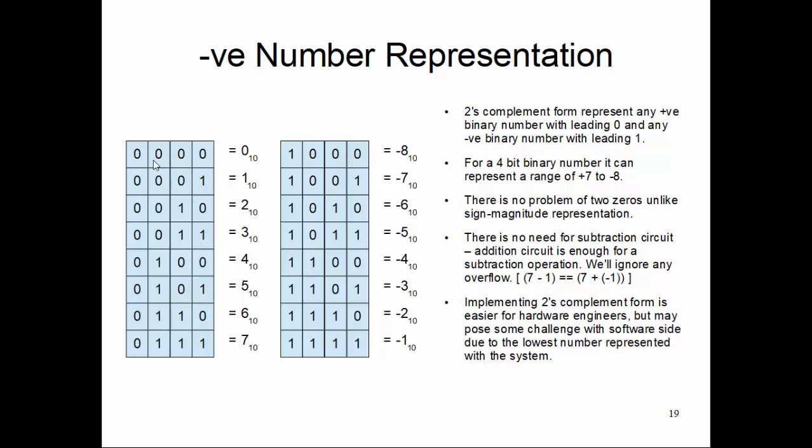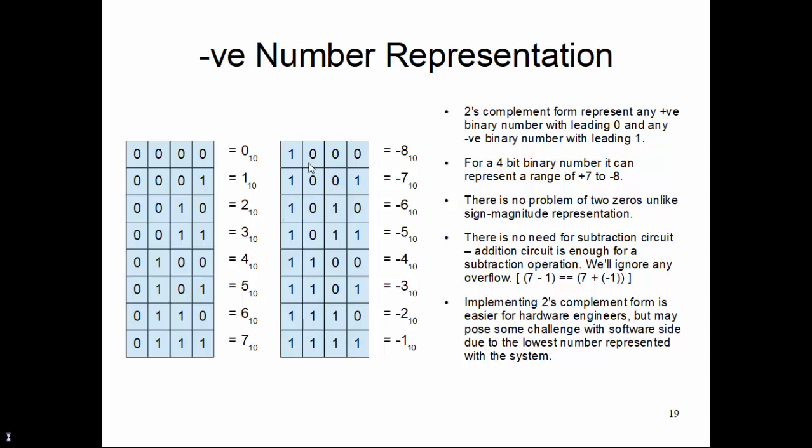These are all my positive numbers, and any bit sequence that has leading 1s is negative. So this one is led by 1 bit, this by 2 bits, this by 3 bits, this by 4 bits, and so on. These are negative number values.